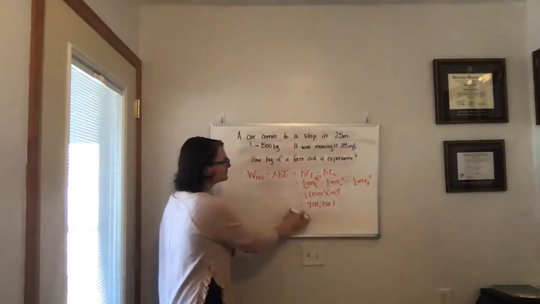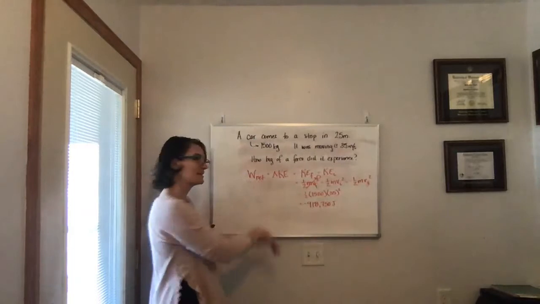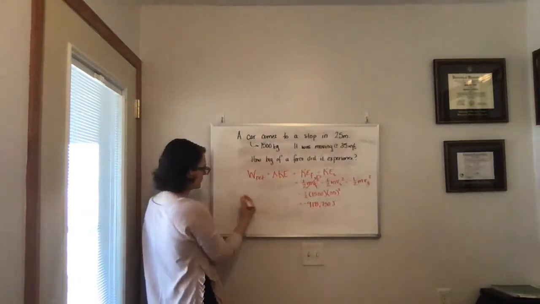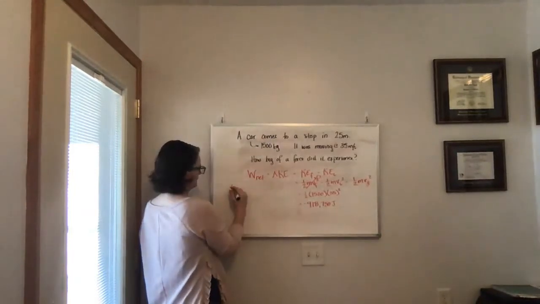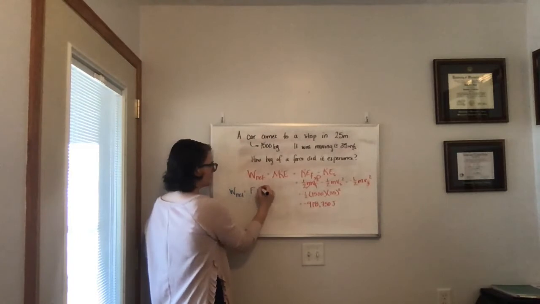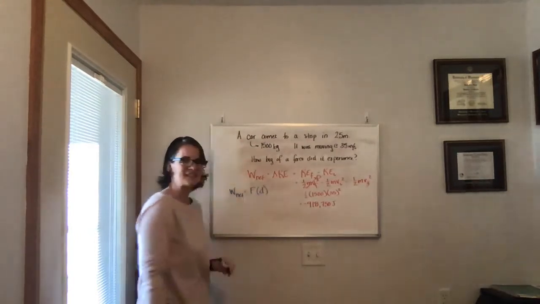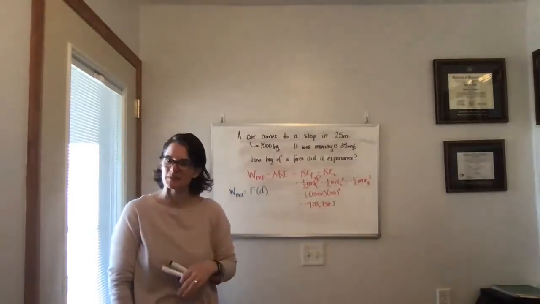So that is our change in kinetic energy, which we know is equal to the net work. Now we also want to remember that the net work is equal to that net force times the distance in the direction of the force, in the direction of the displacement.